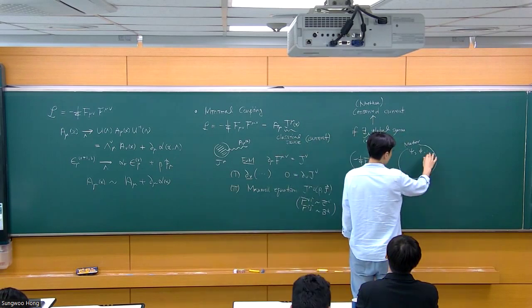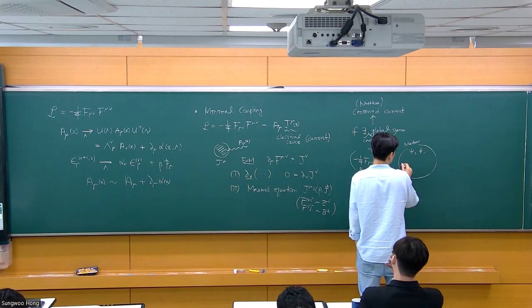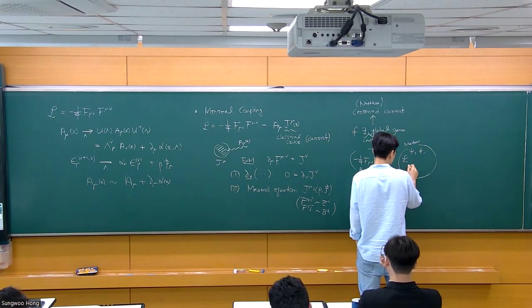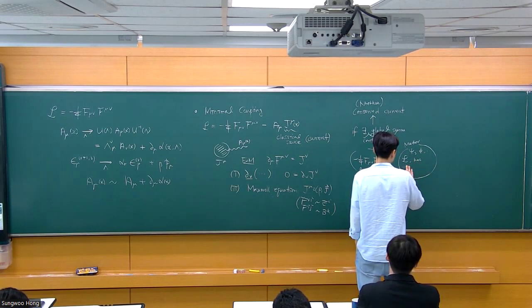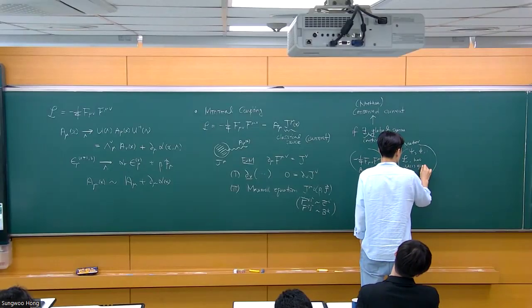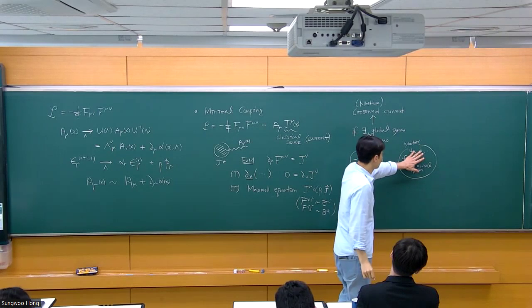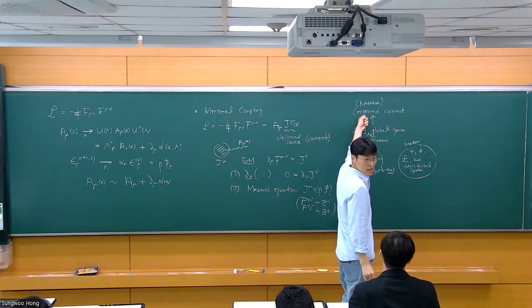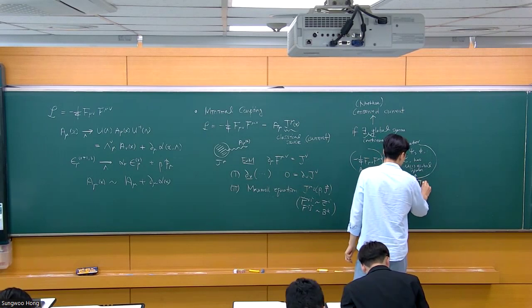Then I will write down a theory, a Lagrangian, that has a symmetry, a U(1) global symmetry, which means that this sector will give me a U(1) conserved current.